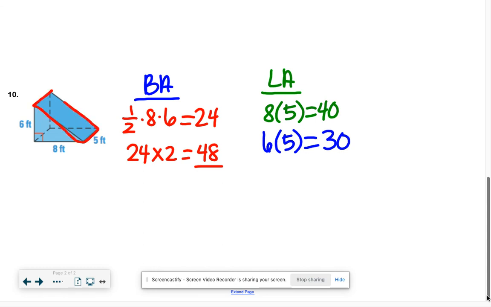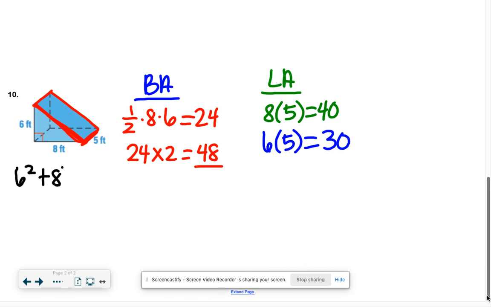The only problem is here, I know it's 5, but what's the length of this hypotenuse, this slanted long line? We don't know, but we do know how to figure it out. We have a right triangle. How do you find the missing side of a right triangle? We use our favorite formula, the Pythagorean theorem.